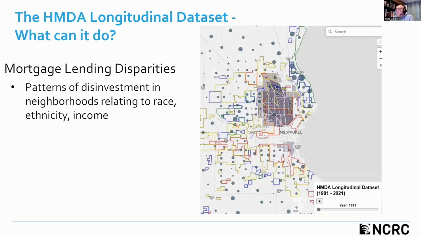Using this, you can see patterns of disinvestment in neighborhoods relating to race, ethnicity, and income. This mapping interface is very easy to use, but the data is also available for download, where you can look at the individual level data, and that's available on ICPSR. If you need information on that, you can write to us or go to the ICPSR website and access this data.